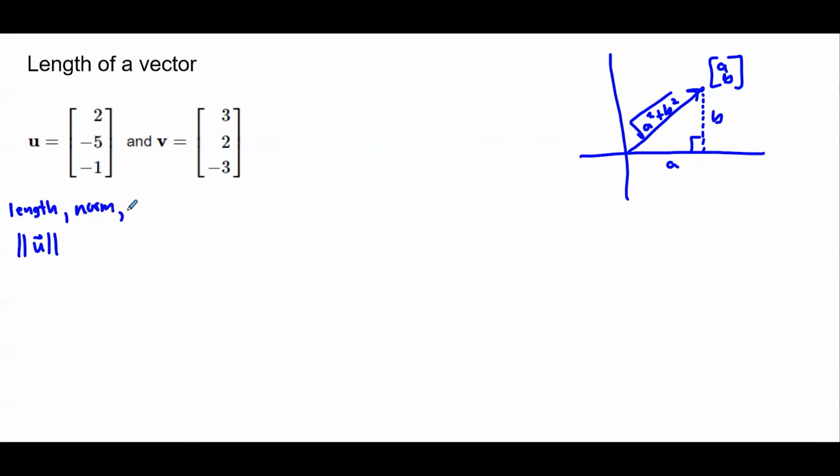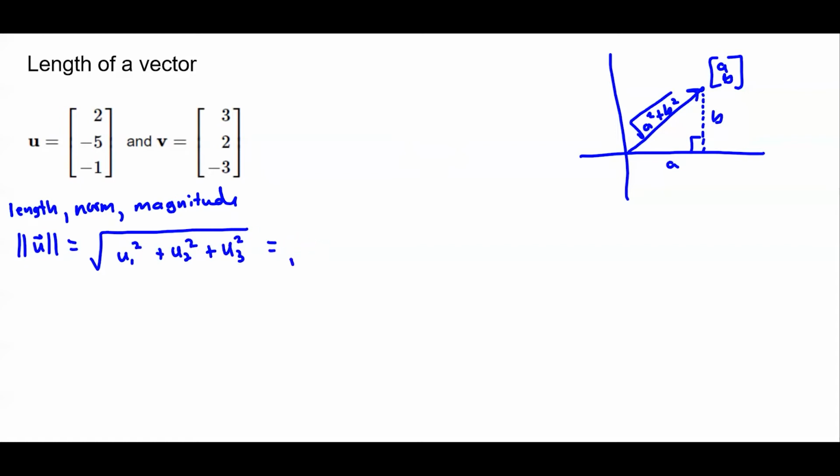Sometimes you call it the norm of the vector, or you can think of it as magnitude. Just how long it is. It's going to be the square root of the individual entries squared, and then you add them up.